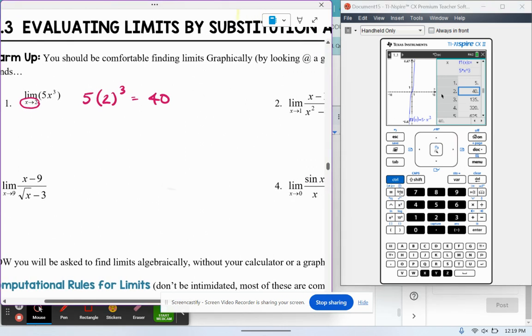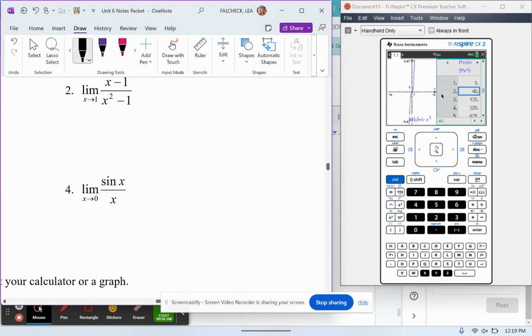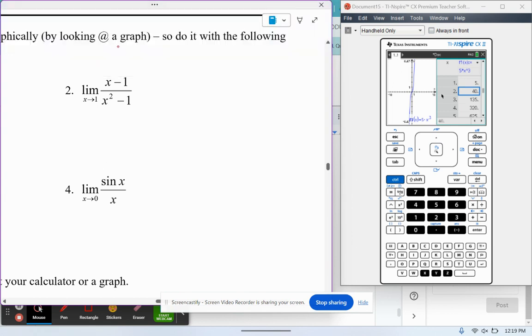So number 2. Let's put this guy in here. Wait a minute. That is undefined. You can't do that.